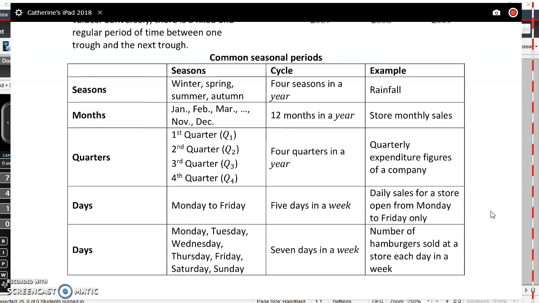What's our rainfall over typical seasons of a year? We've got 12 months in a year, and quarters. With days, we can think about whether it's a shop or a business that's open only 5 days a week, or something that's open 7 days a week. We could be thinking about them either way.